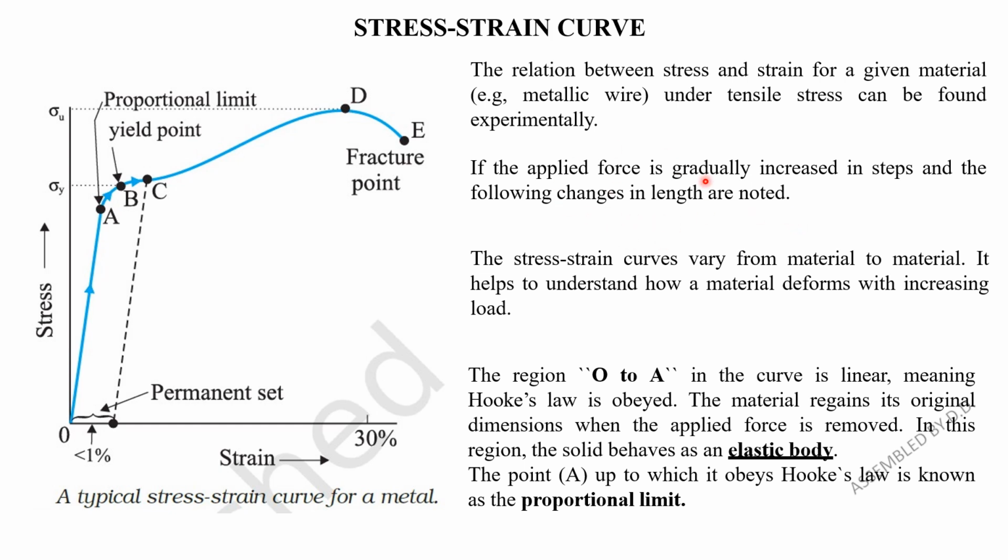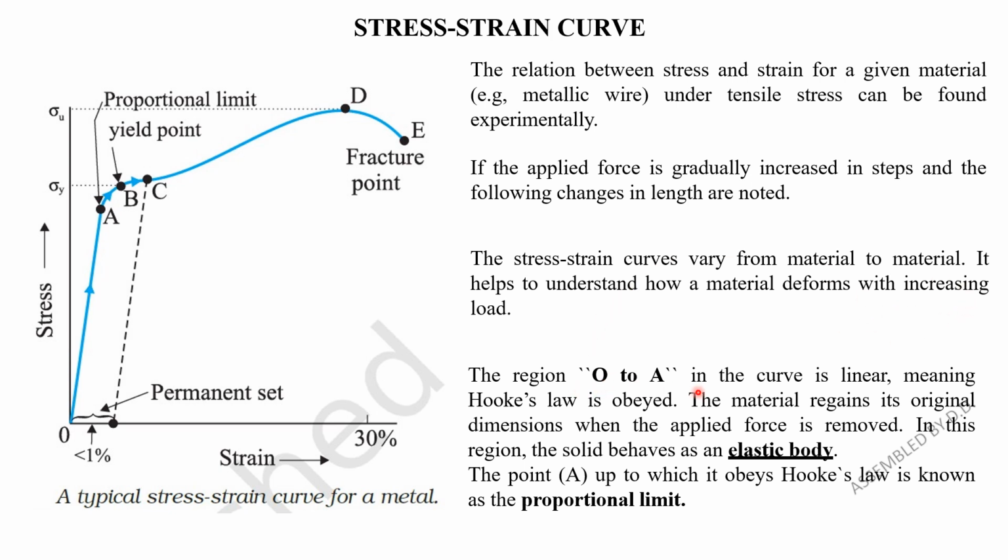If the applied force increases, what are the changes occurring in terms of length? That is what is depicted in this plot. The stress strain curves vary from material to material. It helps us to understand how a material deforms with increasing load.